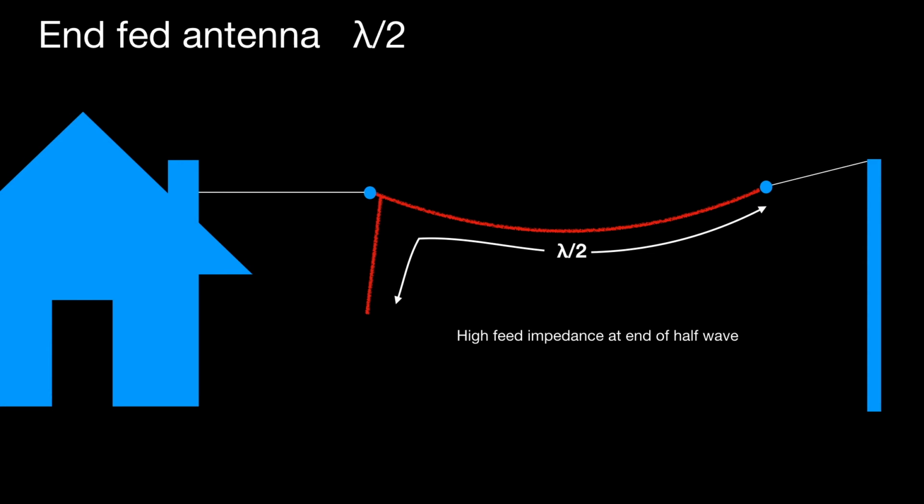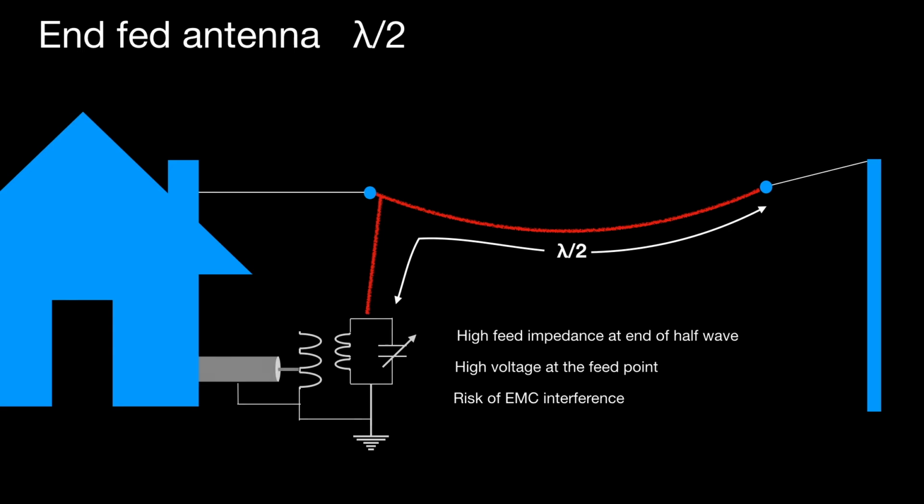So high feed impedance implies a high voltage and consequent risk of EMC interference.